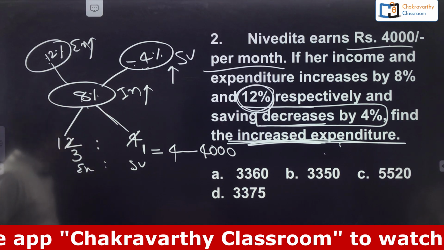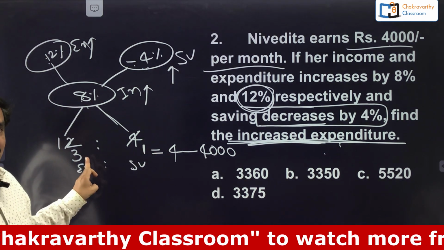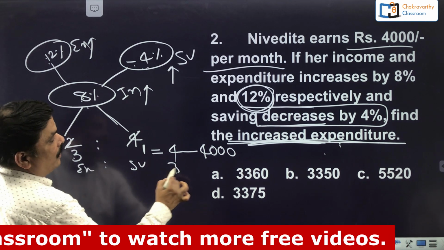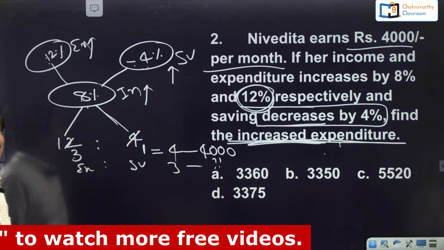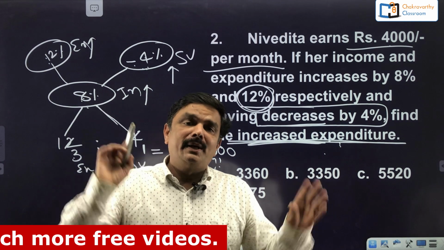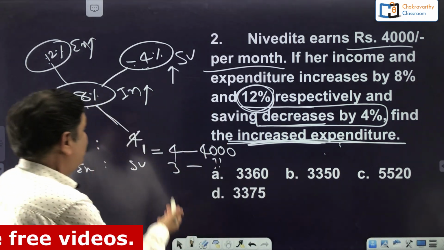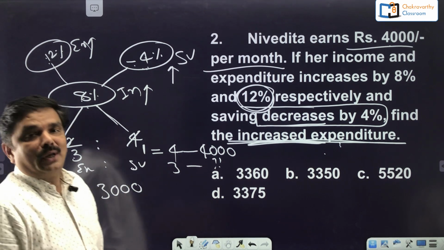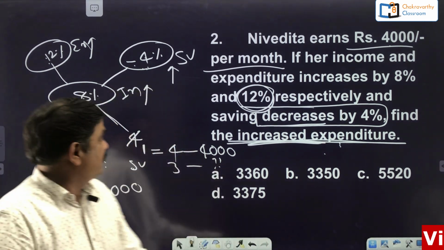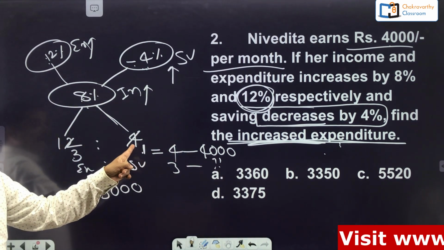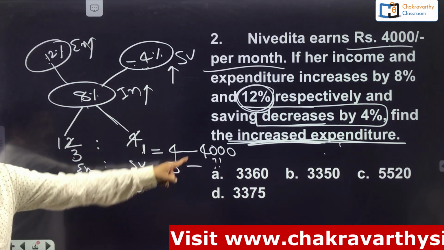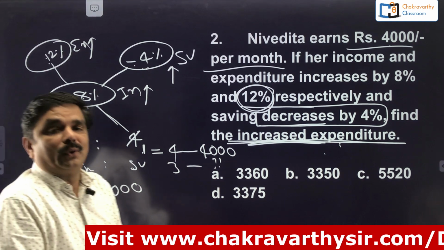When 4 parts equal 4,000, how much is 3 parts? Why 3 parts? Because I need the original expenditure first. Now 3 parts is obviously 3,000. This is the original expenditure. The saving is 1 part, 1,000. Expenditure 3,000, saving 1,000, income of course 4,000.